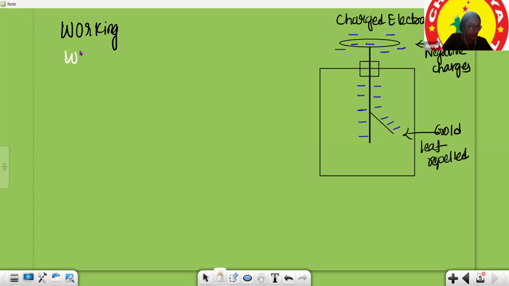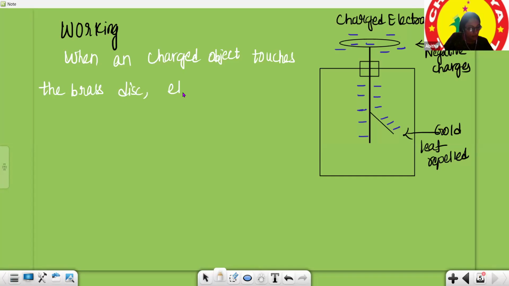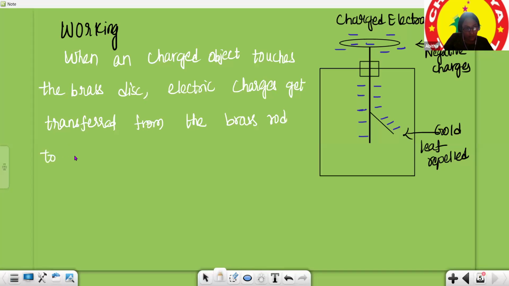When a charged object touches the brass disc, electric charges get transferred from the brass rod to the gold leaves.